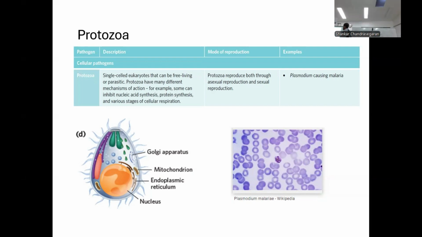Some of them act as cellular pathogens where they actually cause problems, inhibiting nucleic acid synthesis, protein synthesis, and various stages of cellular respiration, or they essentially just become a parasite and extract resources from their host. They can reproduce through asexual and sexual reproduction. An example of that is Plasmodium, which causes malaria.